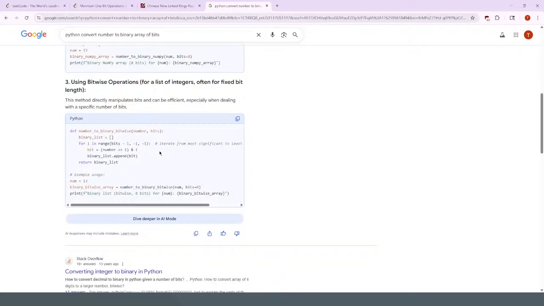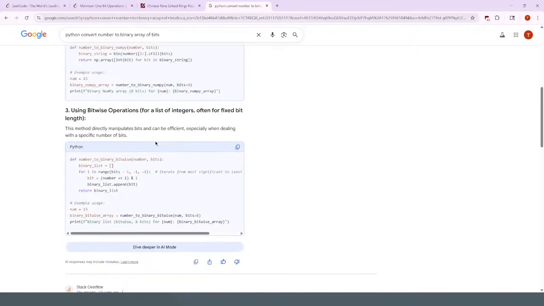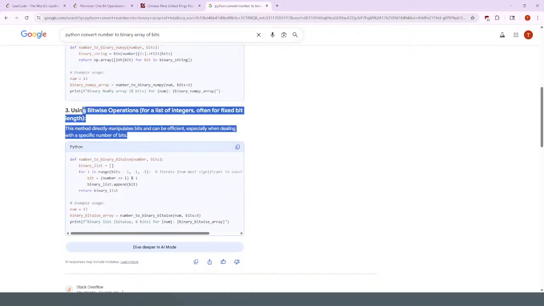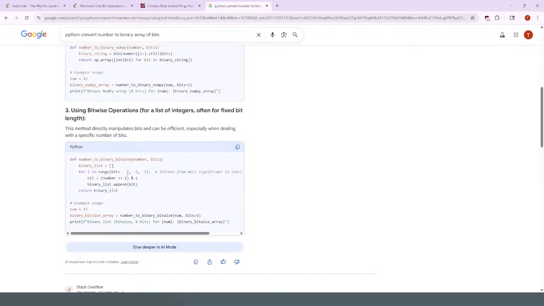Bitwise operations. I think it's probably better to, I mean, I wonder if this is faster. Probably should get used to doing it this way, maybe. Yeah, binary bits.